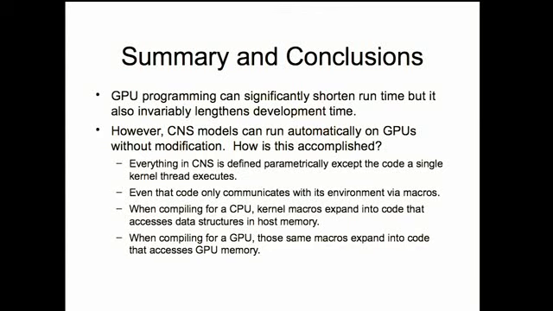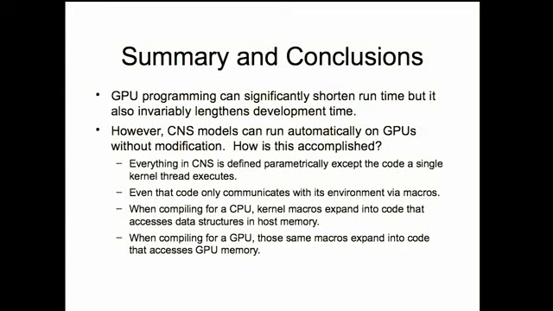CNS makes it really easy to build these models, modify them quickly, and then have them run on GPUs automatically without any modification. In that sense, it's very similar to what Jacket affords for the M language of MATLAB. CNS accomplishes this feat because in CNS everything's parametrically defined, except the C++ code that defines the kernel for a particular cell.